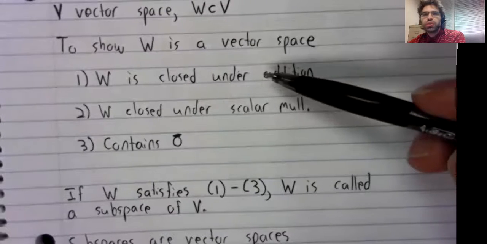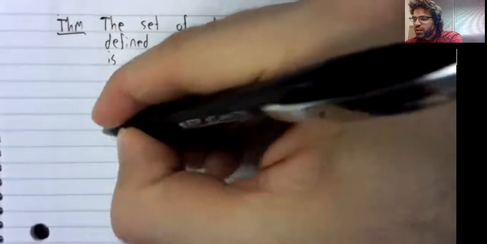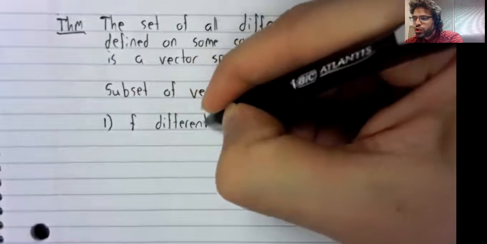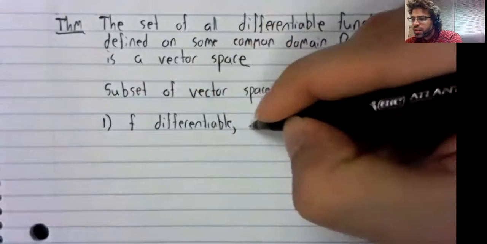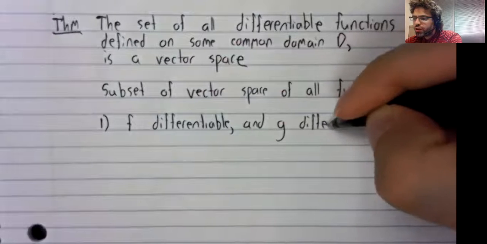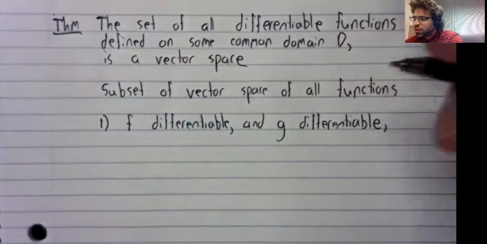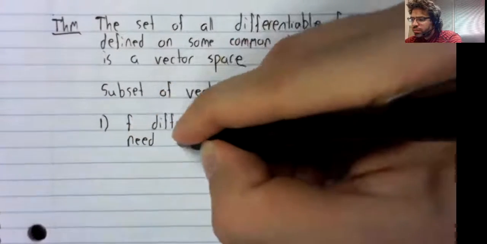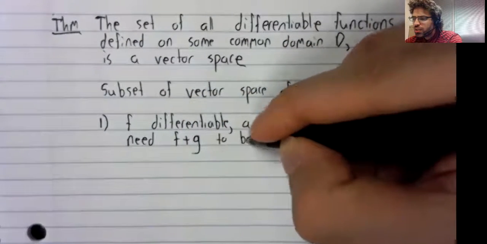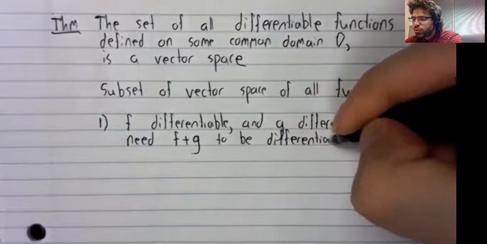So this set needs to be closed under addition. That is to say, if F is differentiable and G is differentiable, we need F plus G to be differentiable.